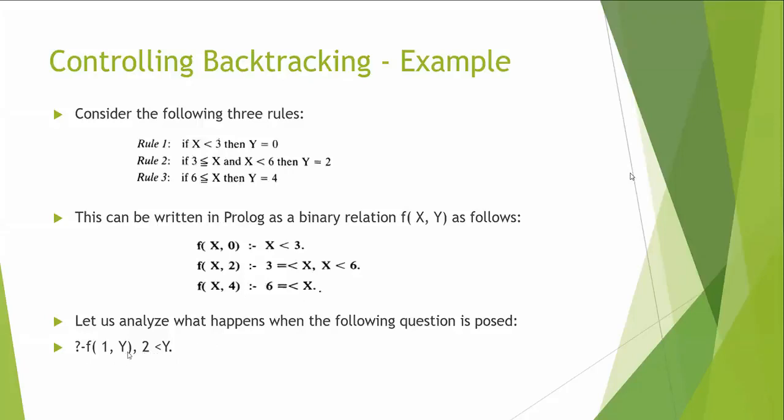Even if it satisfies this one with the answer false, Prolog will try to satisfy the other two conditions also, to find other solutions. Okay, now that is not required. This is the situation where, since the conditions are mutually exclusive, if one condition is satisfied, we can prevent Prolog from backtracking, right?